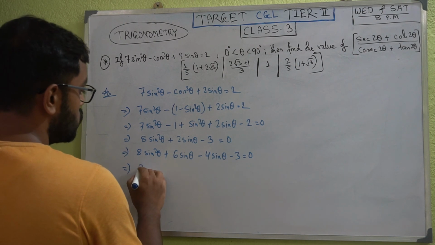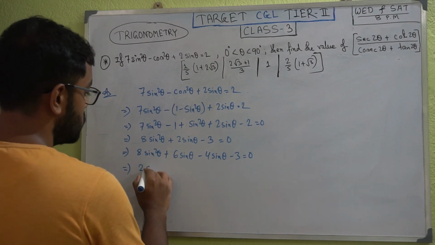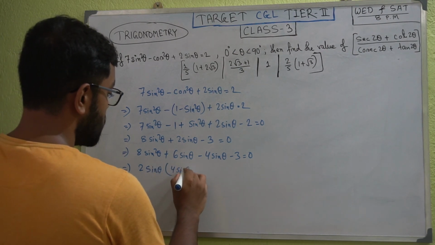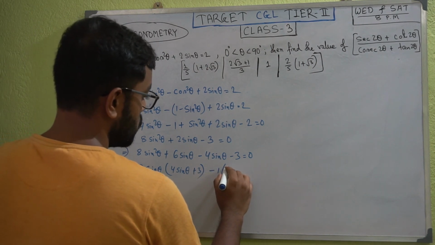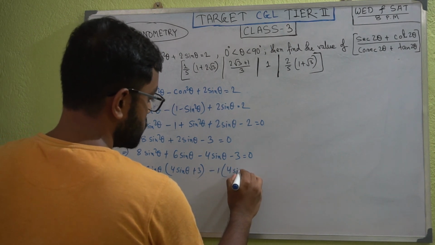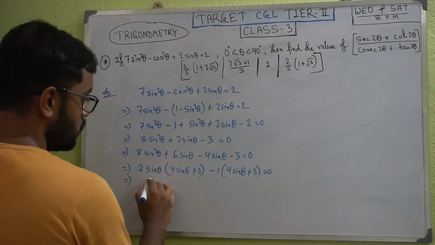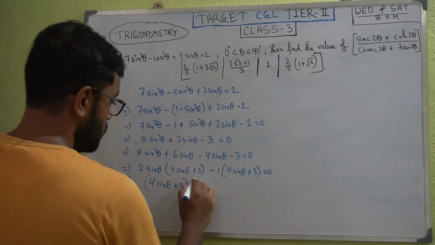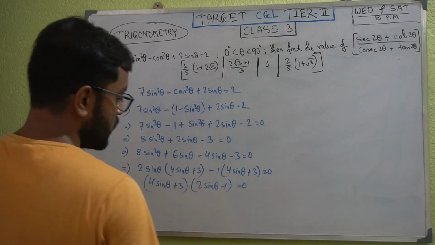We take the common 2 sin theta, then 4 sin theta plus 3, and here minus 1 should be the common, then 4 sin theta plus 3 equal to 0. Now if we take the common 4 sin theta plus 3, then 2 sin theta minus 1 equal to 0.